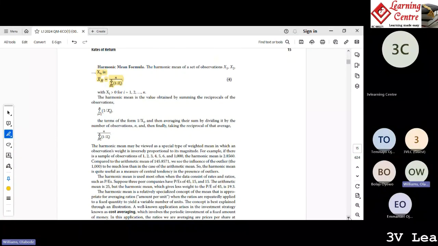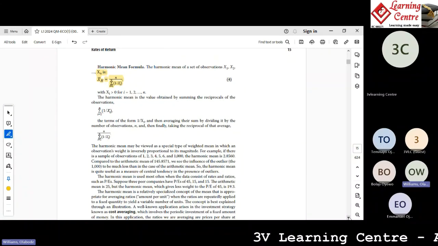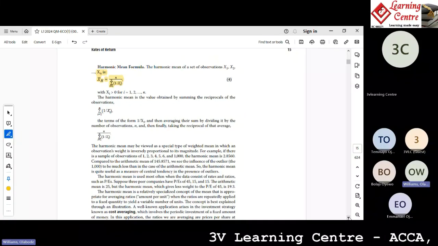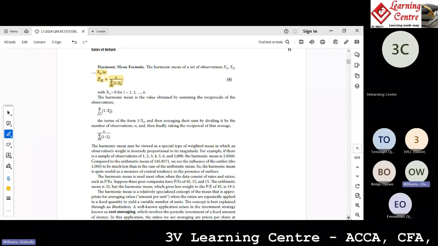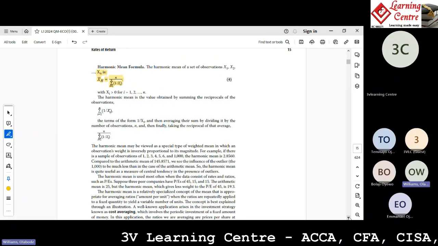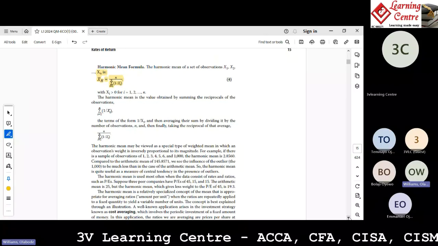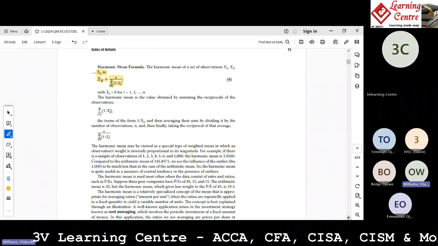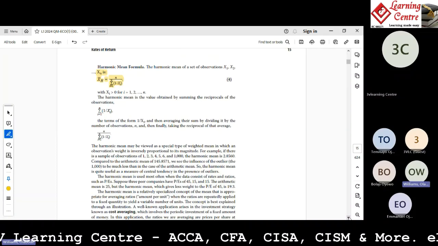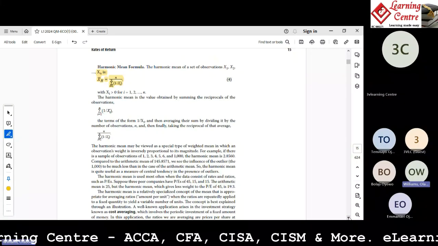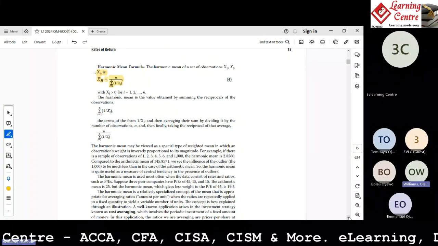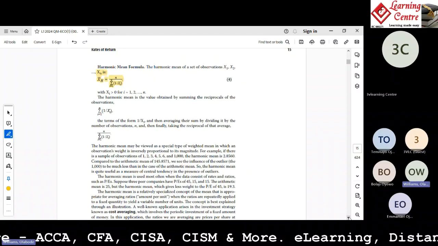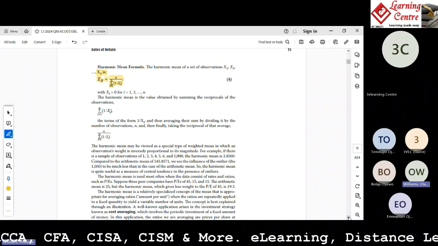The harmonic mean solves the problem of outliers. Sometimes you have data that has significant outliers. If you do, the harmonic mean resolves that, because it attaches equal weighting to all of your observations, which does not really happen in your arithmetic mean or, per se, in your geometric mean.